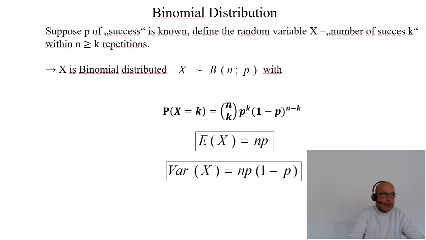Well, and then this you have done in school, where you have introduced the binomial coefficients. There, of course, since the events are independent, it is not a surprise that again we have to multiply the probabilities.